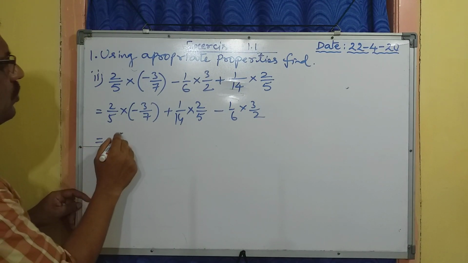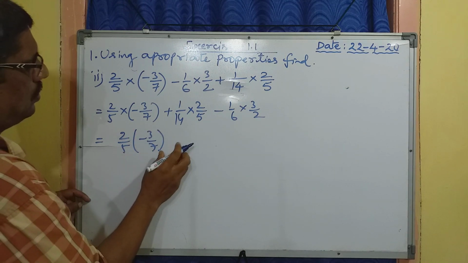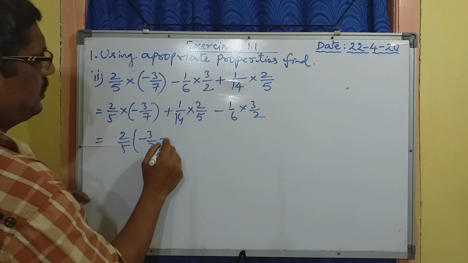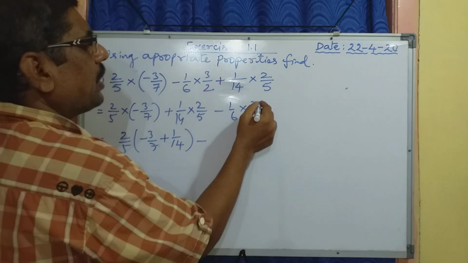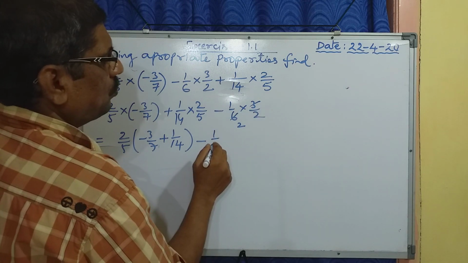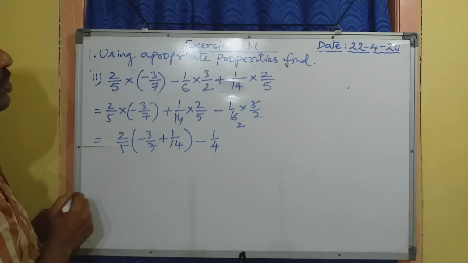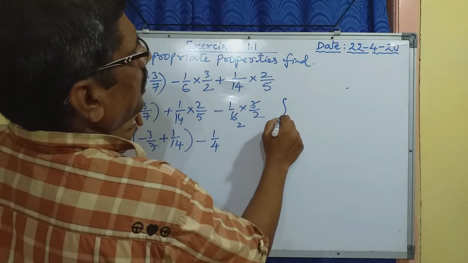Now let us take 2 by 5 common from the first two terms. Then we get minus. Here we can cancel 3 twos, so in the numerator there is 1. Here 2 twos are 4. Now what properties have we been using?